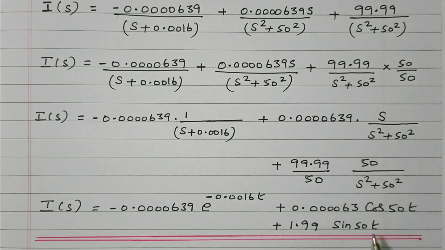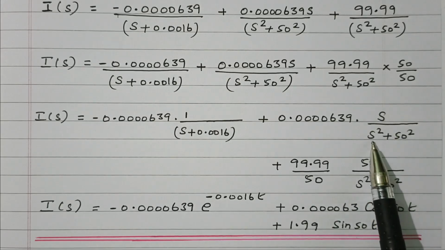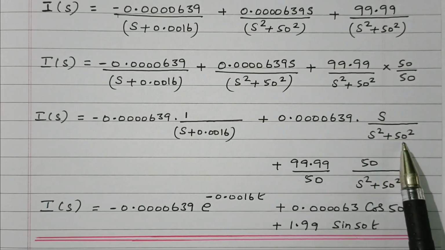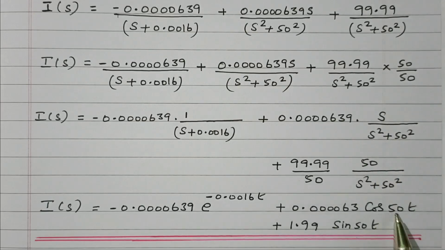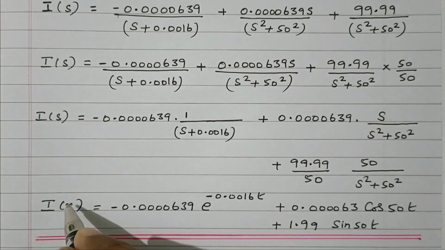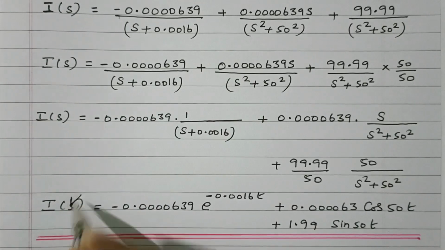Right, these two are standard forms. S divided by s square plus omega square is nothing but cos omega t. Omega divided by s square plus omega square is sin omega t. Omega is 50. So this is the final expression for the transient current. Right. So this is nothing but I of t. Now it is converted into I of t.